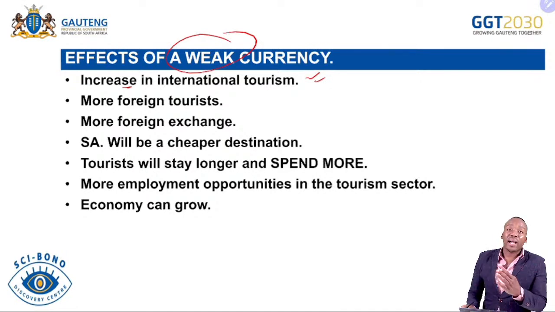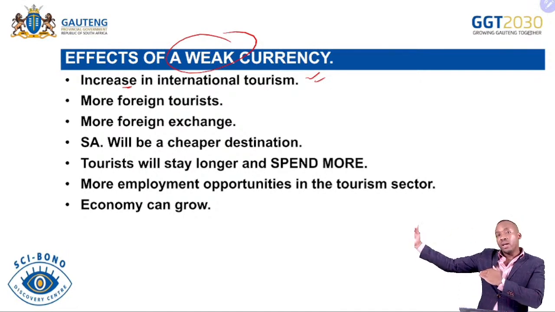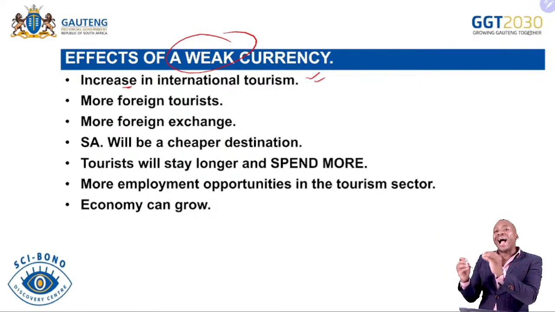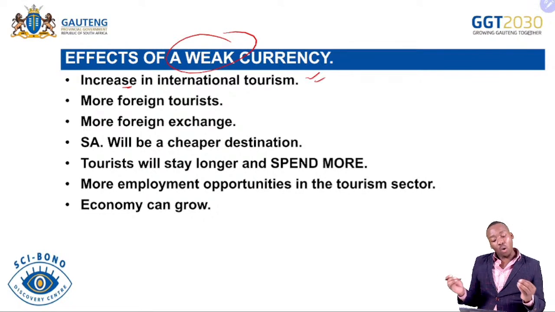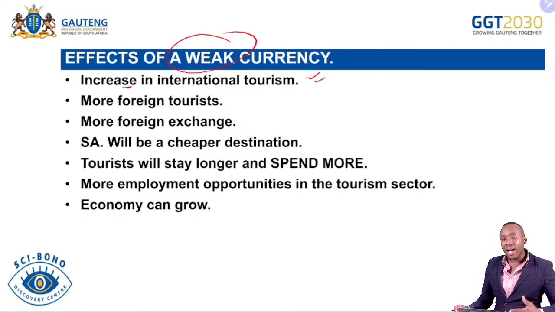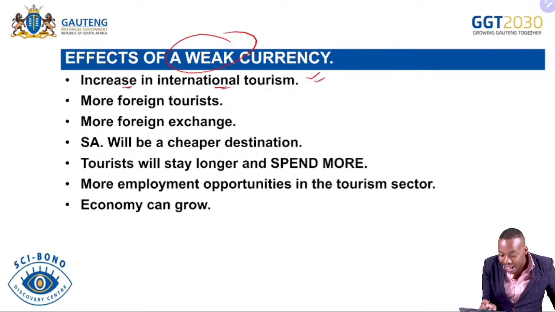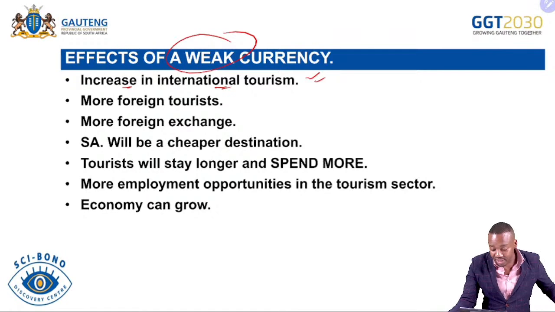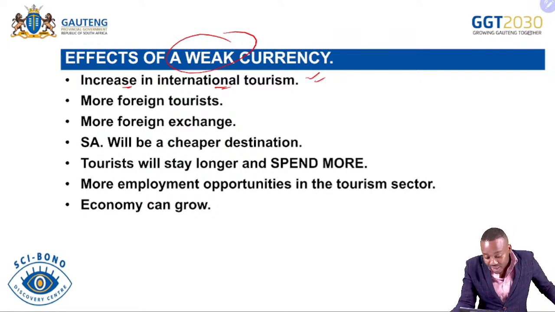Remember, our currency will be weak for those international markets. So they will take advantage of our country, because they will say, let us go to that country that has a weak currency. An advantage for us, we are saying, as much as our currency will be weak, the mere fact that they will choose us over other countries will be a positive thing.